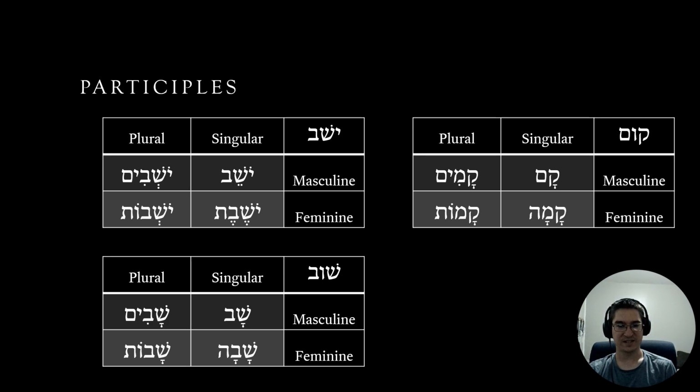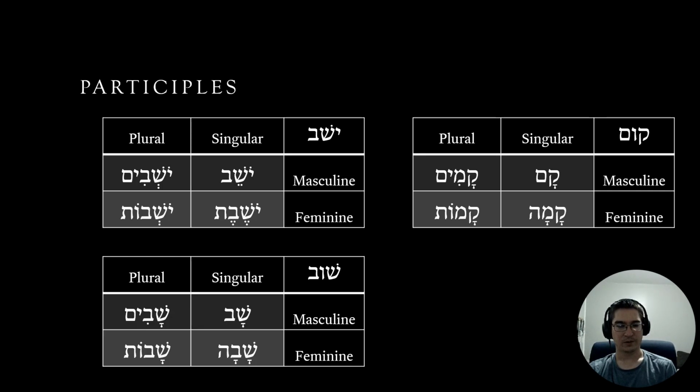Notice that the ending for yoshevet differs from kama. There are 2 ways to form a feminine singular participle. Sometimes we use a he, sometimes we use a tav. And also notice that with yashav, the yod is present here, whereas in the imperative it was absent.